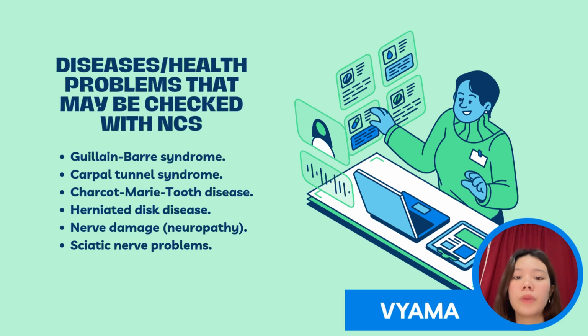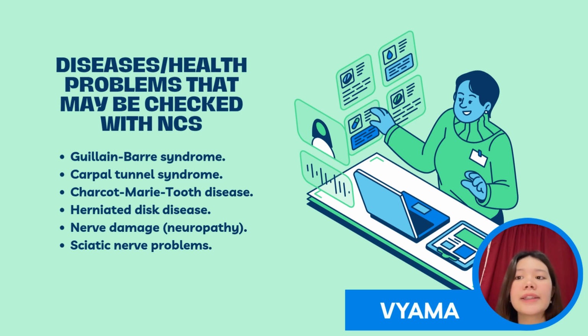Diseases or health problems that may be checked with the NCS. Guillain-Barré syndrome, a condition in which the body's immune system attacks parts of the PNS. Carpal tunnel syndrome, a condition where the median nerve is compressed at the level of the wrist. Charcot-Marie-Tooth disease, an inherited neurological condition that affects both the motor and sensory nerves.